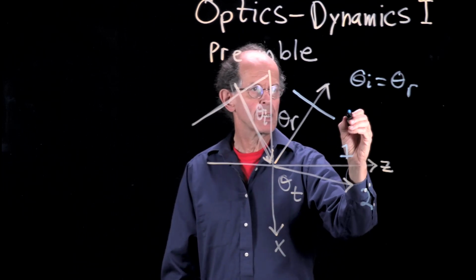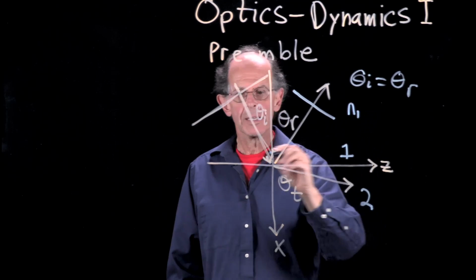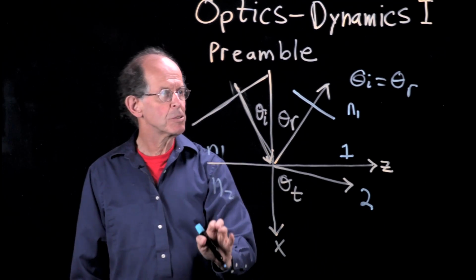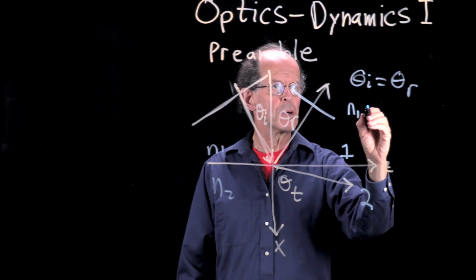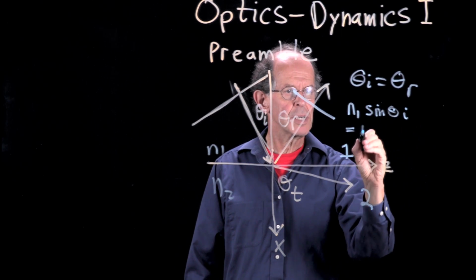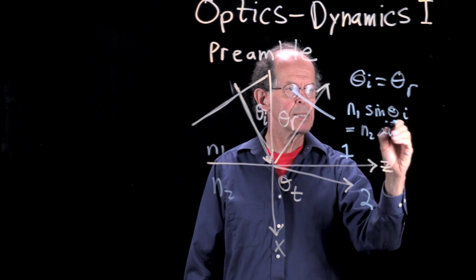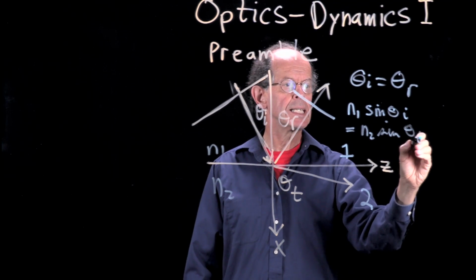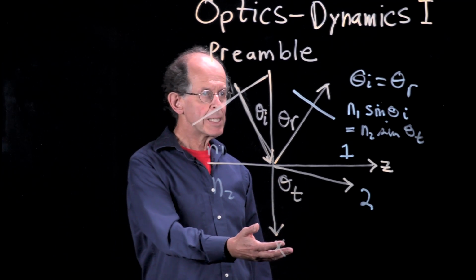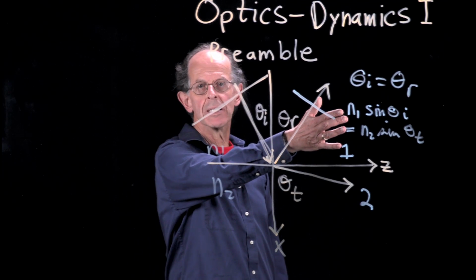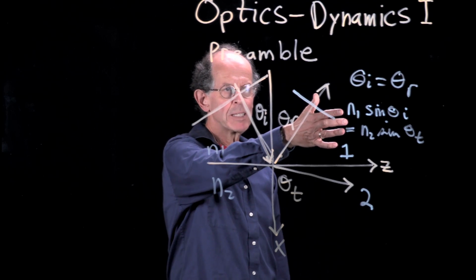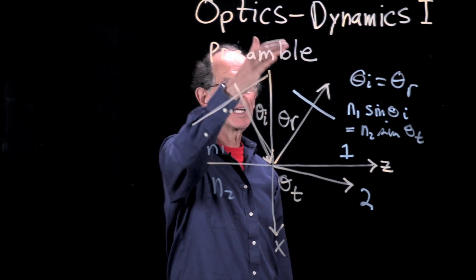So if N1 is the index of refraction of material 1, and N2 for material 2, N1 sine theta I is equal to N2 sine theta T, for transmit. And the point is that we already have this kinematic information. We don't have to redo it. We will find that this comes up in the dynamics.